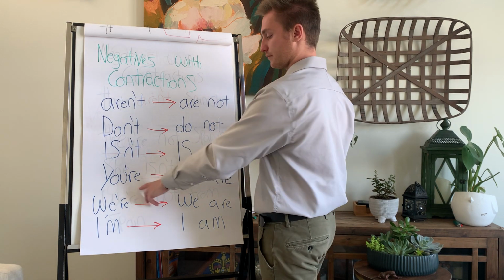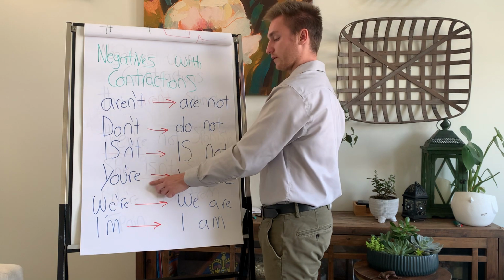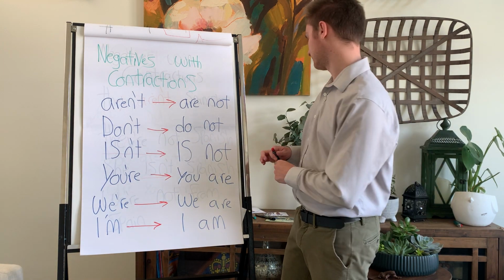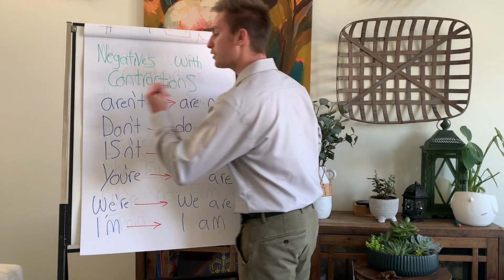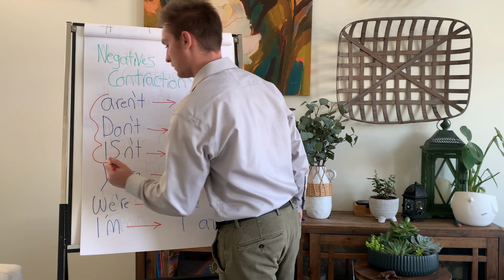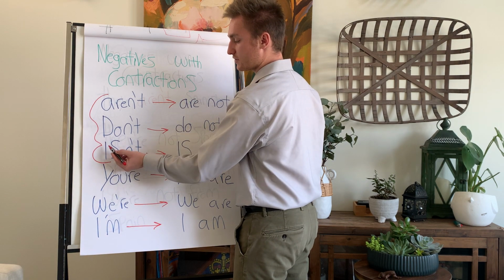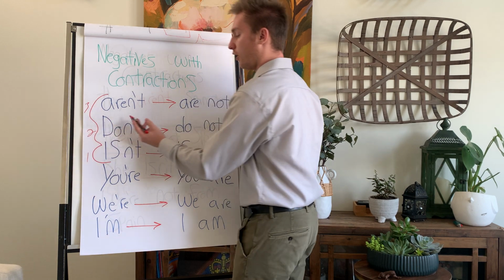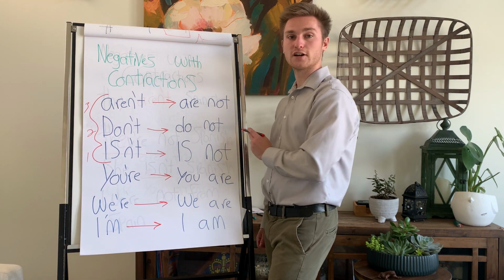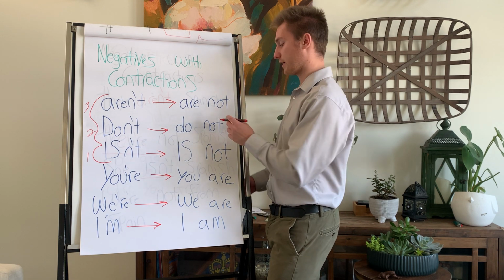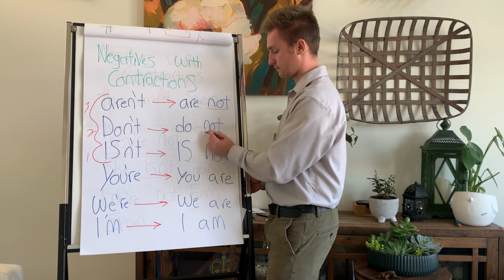So these three I will write with red. So these three, 1, 2, 3, are negative contractions. They are negative because they have not.